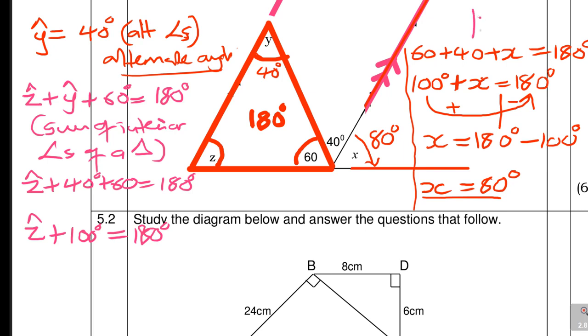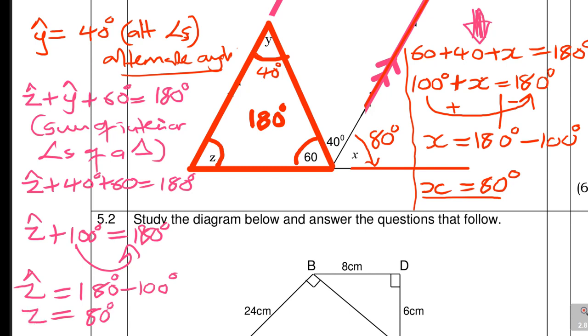This is similar to the question that we just did. You see that? So you take 100 to the other side. Z is 180 degrees minus 100 degrees, which is equal to 80 degrees. So that's our value for Z.